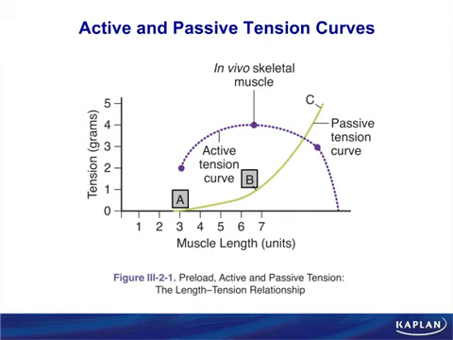Next, we put a weight on it. We put a little preload. Well, that preload stretched the muscle. And that stretch of the muscle generates some passive tension. And that's why the curve starts to go up. This B is what we had on the previous slide, which was simply the 1 gram weight preload.